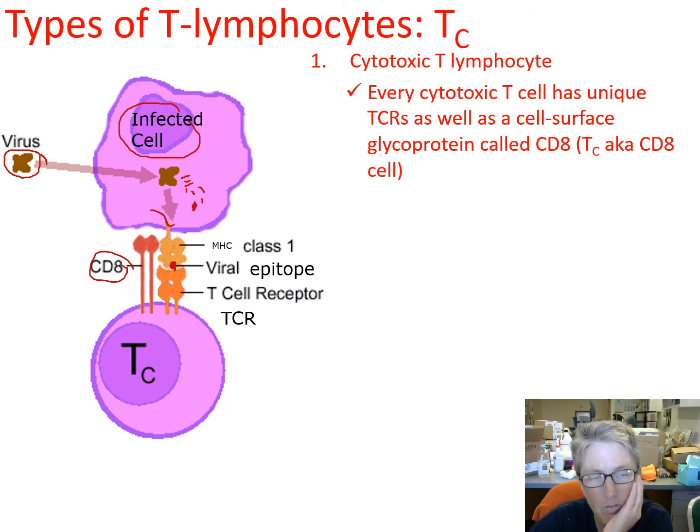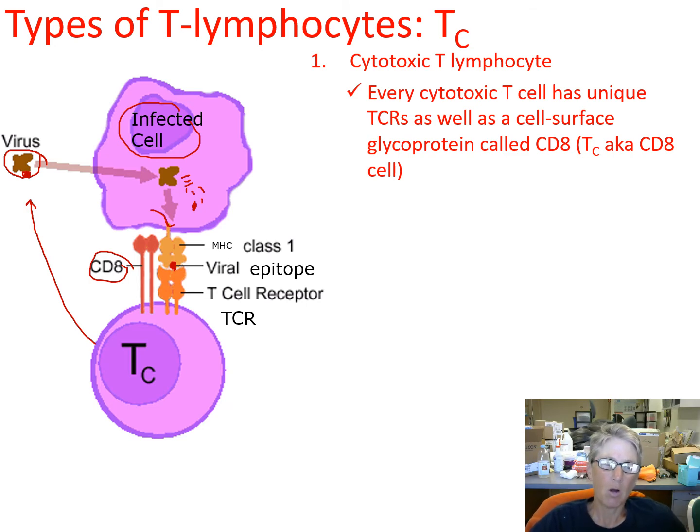So let's say this viral epitope originally started over here on the virus. If this virus is just hanging around in the interstitial fluid or anywhere outside a cell, and this cytotoxic T cell saw it, it would not bind. That cytotoxic T cell would not bind to that epitope on the virus.